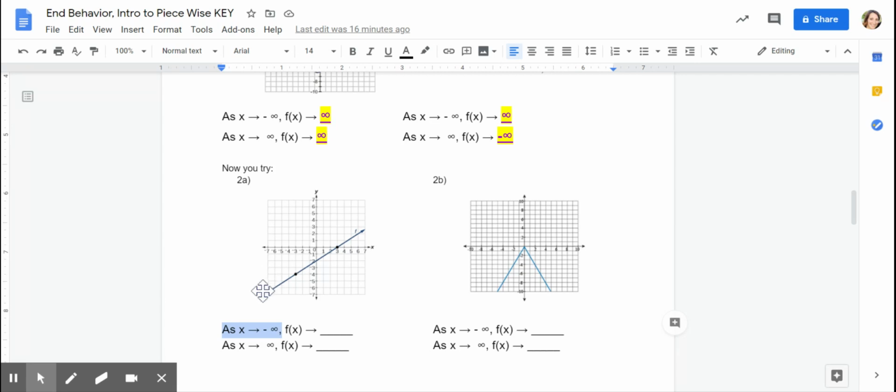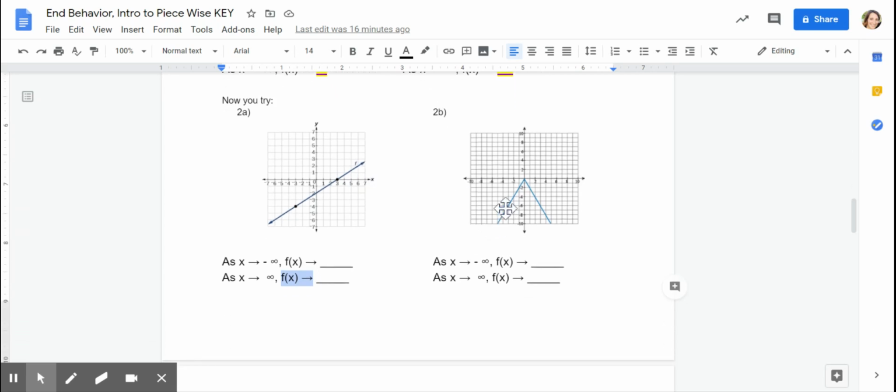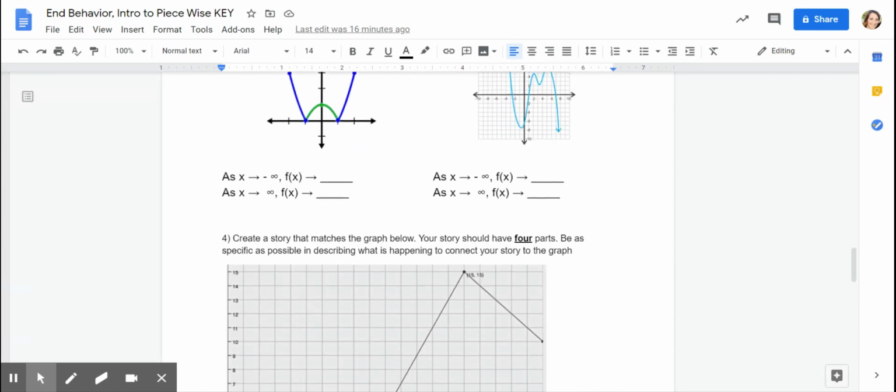If it's going up, then you say f of x is going to positive infinity. Or is it going down? Then you're going to tell me negative infinity here. And then you're going to go to the right side as x approaches positive infinity. Go to the right. What's the end doing? So what's the function doing? Is it going up? If it's going up, positive infinity, or is it going down? Down, negative infinity.